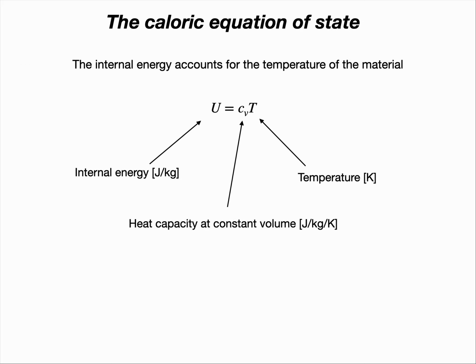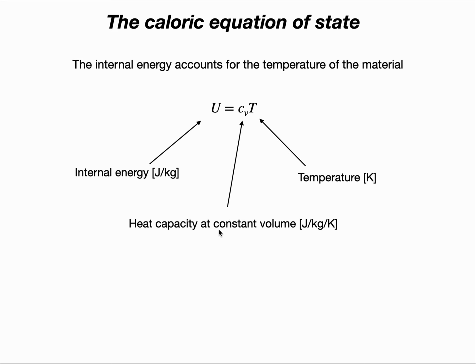One more thing to be defined today is the relationship between internal energy and temperature. So we would call the caloric equation of state. The internal energy can reflect the temperature of the material, and they are related with the factor C. So if we define U as an intensive internal energy in joule per kilo, we have the temperature in Kelvin here.